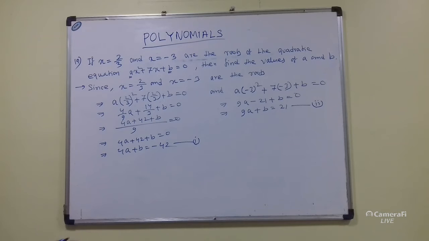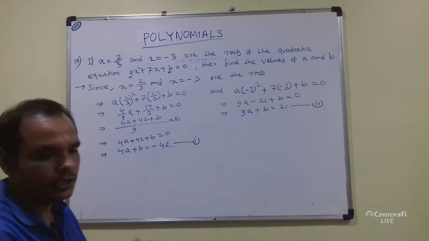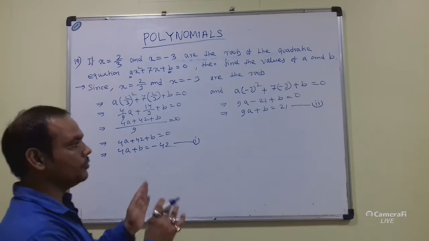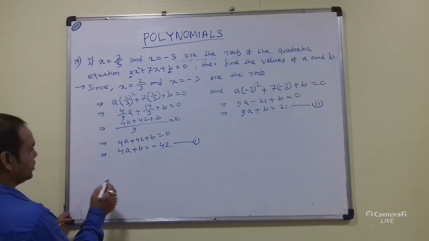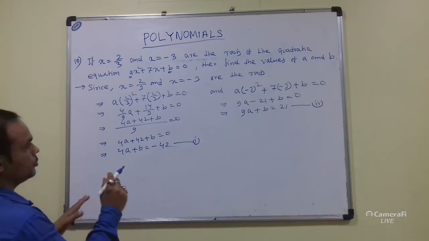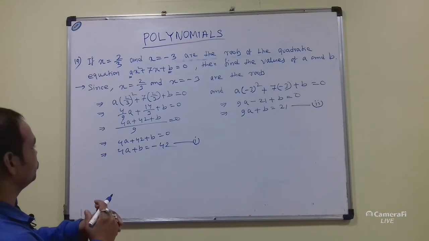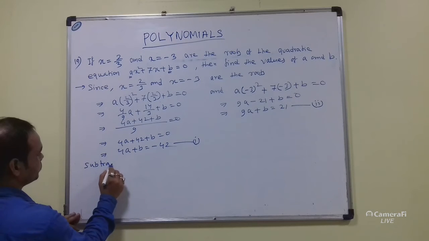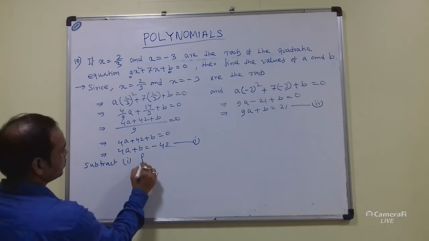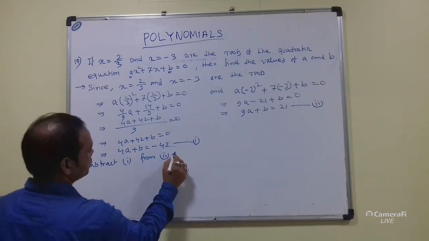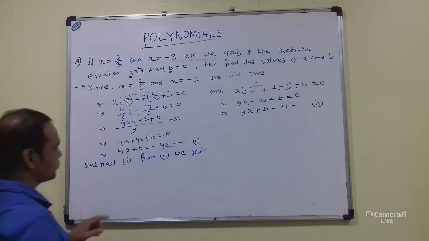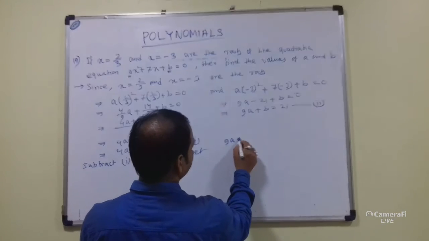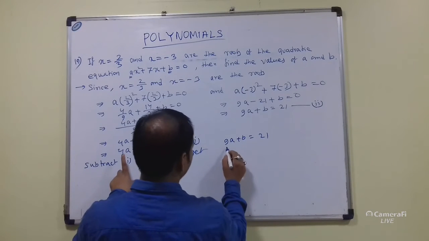Now by using the elimination method, we have to solve equations 1 and 2 to find the values of a and b. So subtract 1 from 2, that means we have to write equation 2 first and then equation 1.